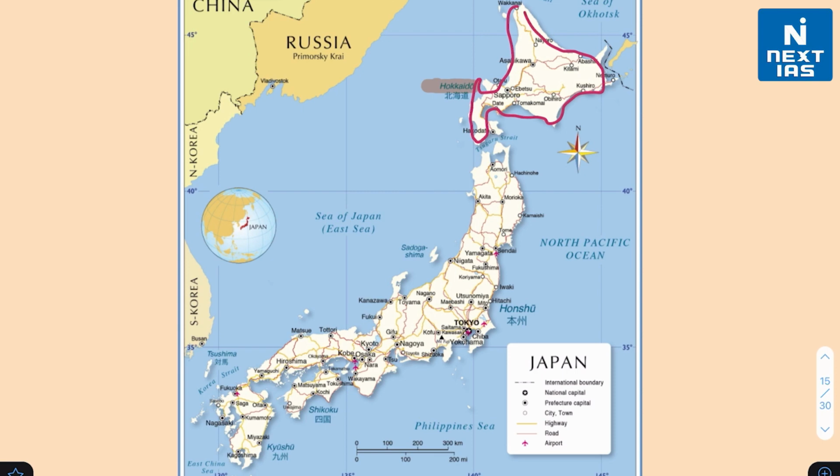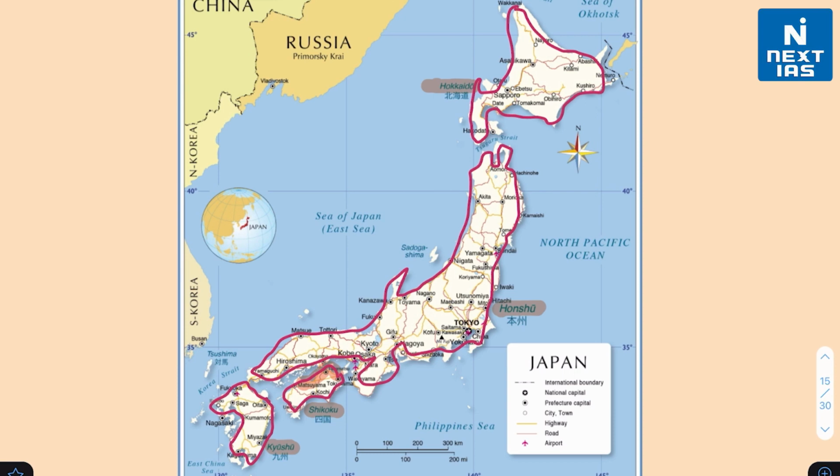Then we have another island, the biggest island, named Honshu Island. We have the third island, a bit smaller, known by the name Shikoku, and the fourth one, named Kyushu. So this one is Shikoku, and here we have Kyushu Island.